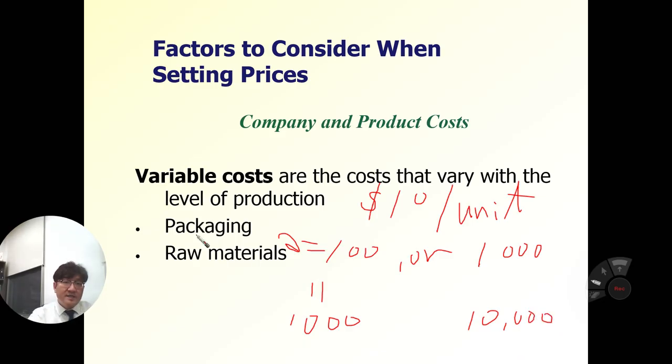See, although it says variable cost, when we say that, the total variable cost varies with the level of production. However, unlike the fixed cost, the variable cost per unit is in fact fixed at $10.